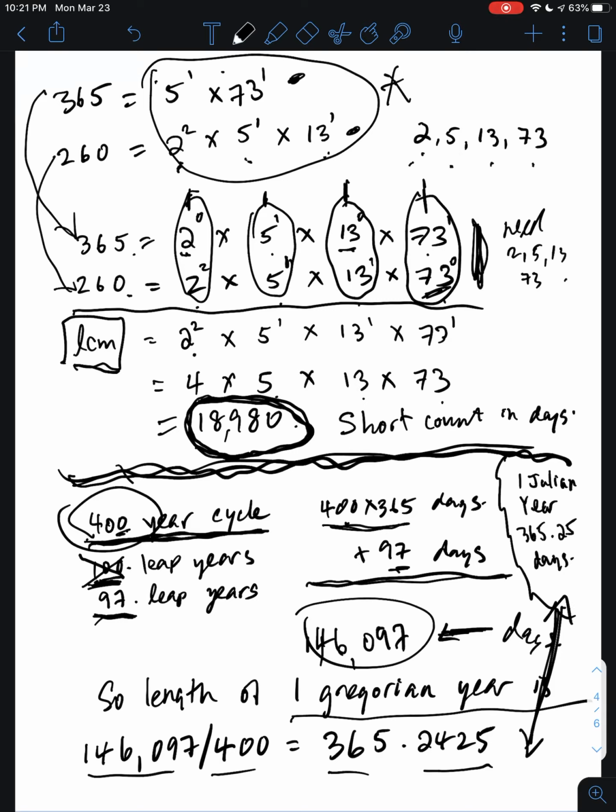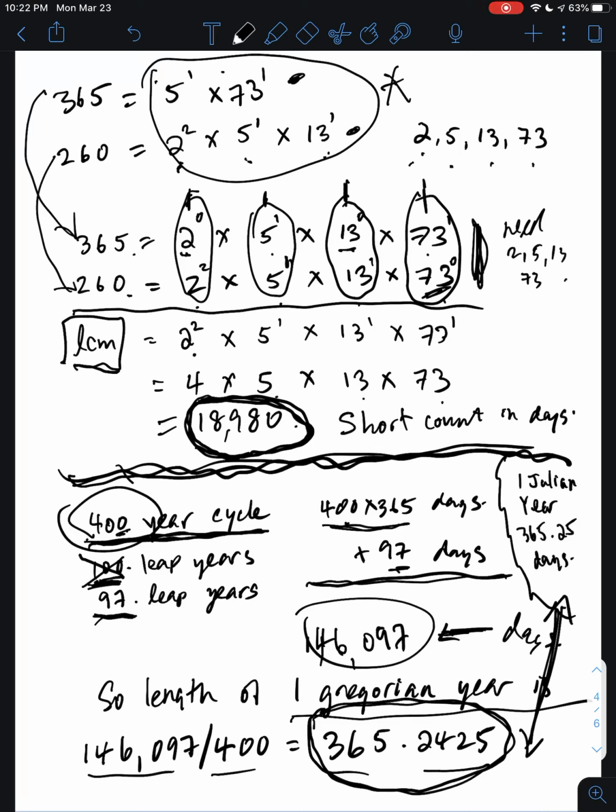The Julian year is slightly longer than a Gregorian year. Anyway, this is really just splitting hairs, but that's what math's all about. I thought this is a kind of interesting discussion anyway, how long the Gregorian year is.